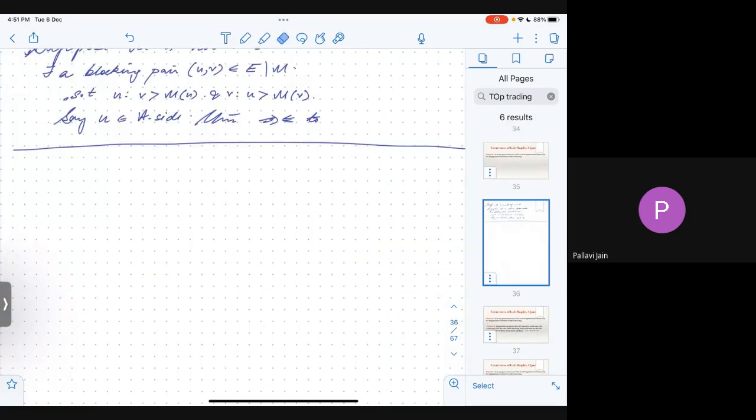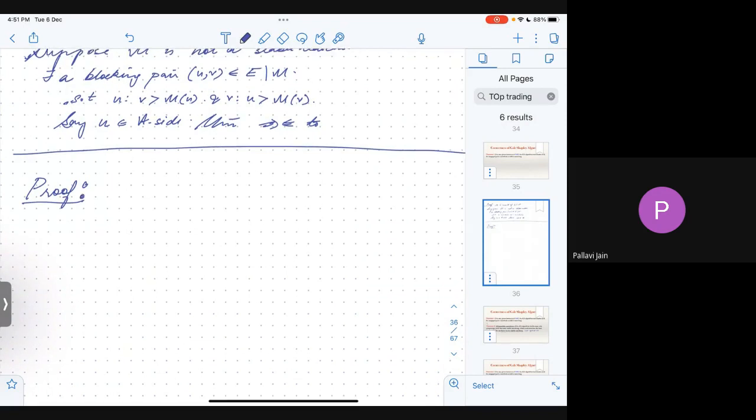So how would this proof go? The point is there cannot exist... See, suppose there are n men.